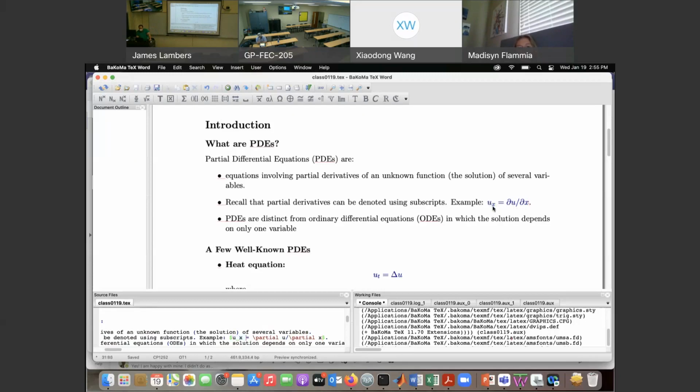So u subscript x is a partial derivative of u with respect to x. That notation would have been used in Math 280, so I want to bring that back. So hopefully this is jogging your memory about certain things. Okay. Now, there's so many PDEs, but there's only a few that we're going to focus on in this class.